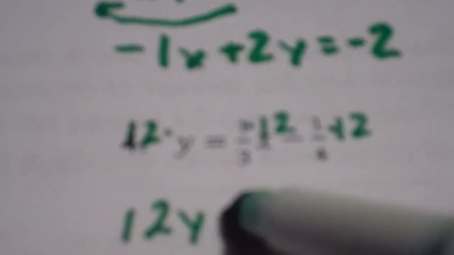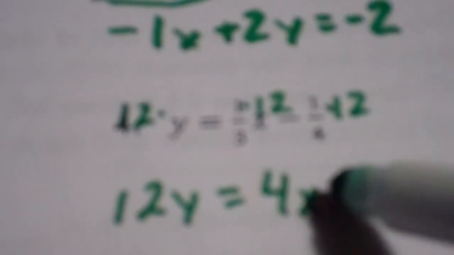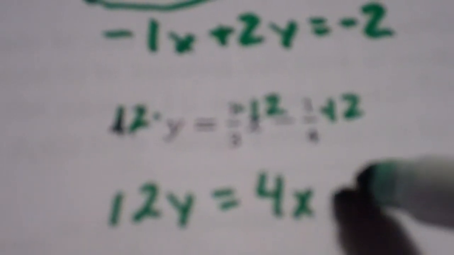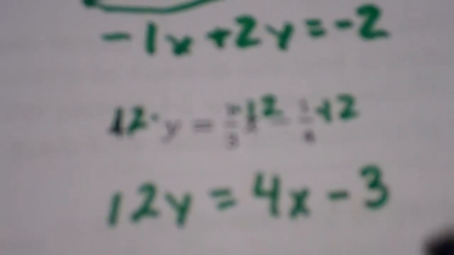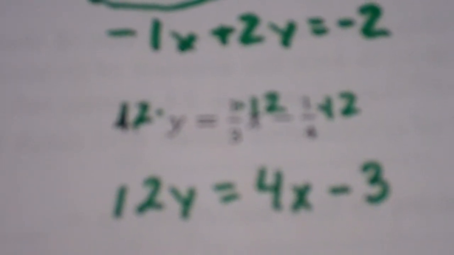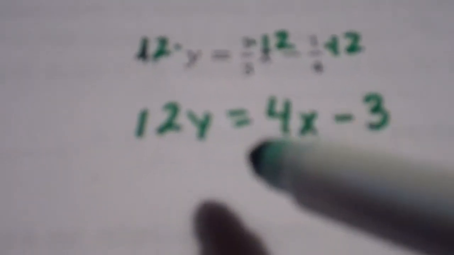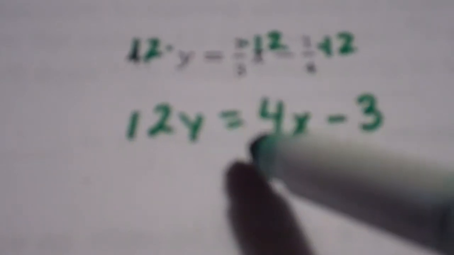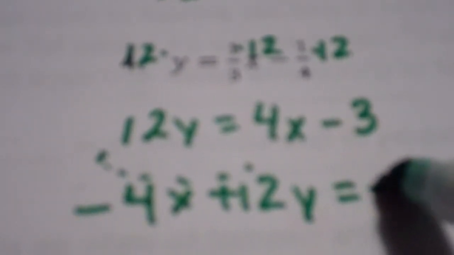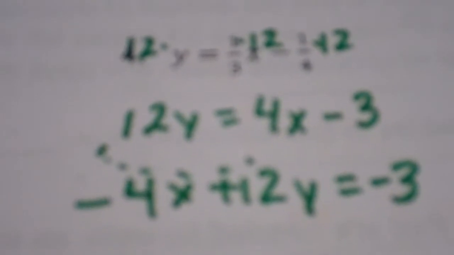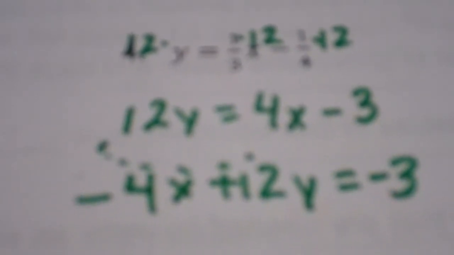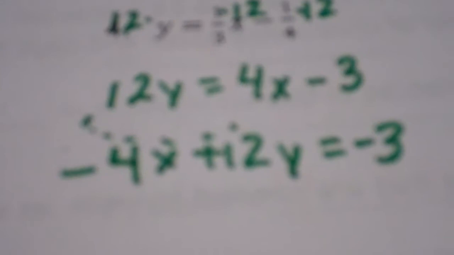So 12y equals, 3 goes into 12 4 times. And likewise, 4 goes into 12 3 times. Last step, move the x term over, so that gives me negative 4x plus 12y equals negative 3. Great job. Let's try another one like that.